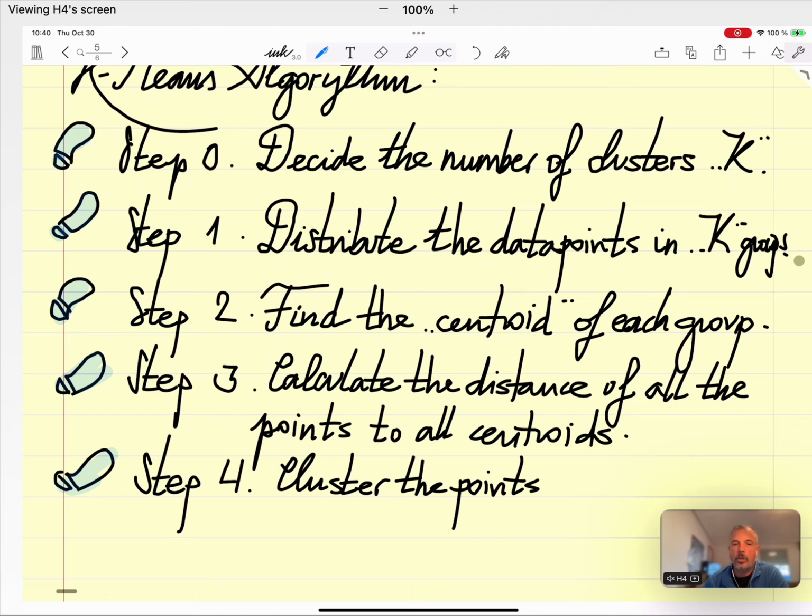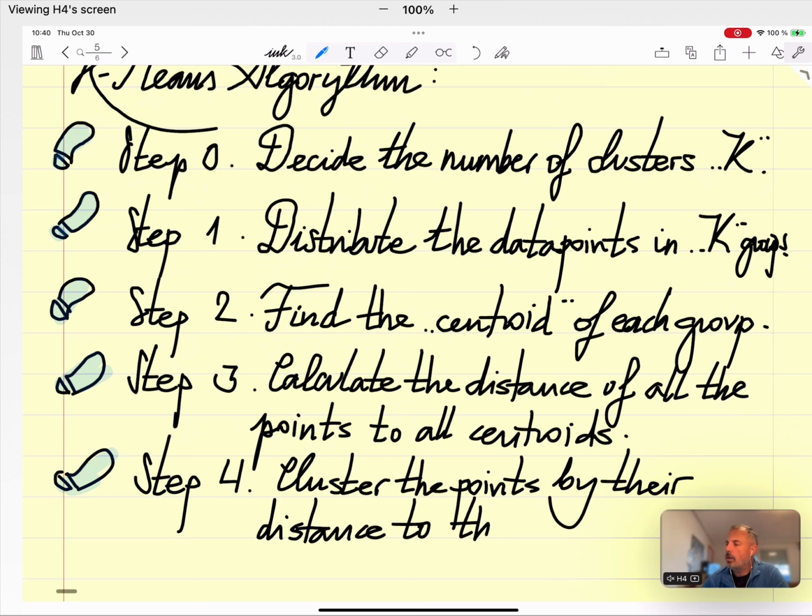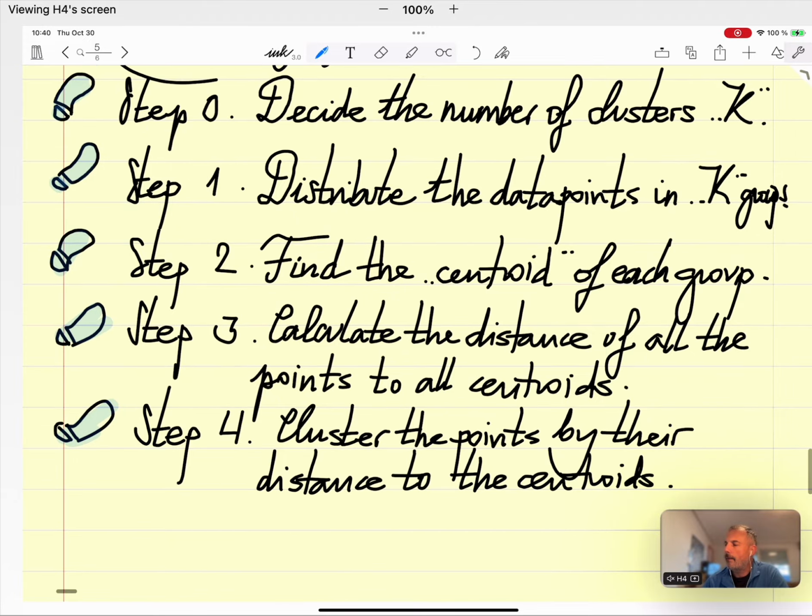Cluster the points by their distance to the centroids. All right.